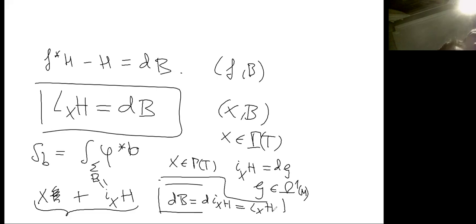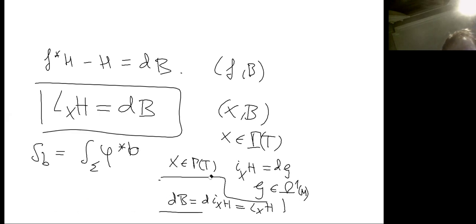Let me try to say what I want to say. And of course, my slides are wrong. But what I want to say is the following. I understand your point now and why this is very confusing, because it's wrong.